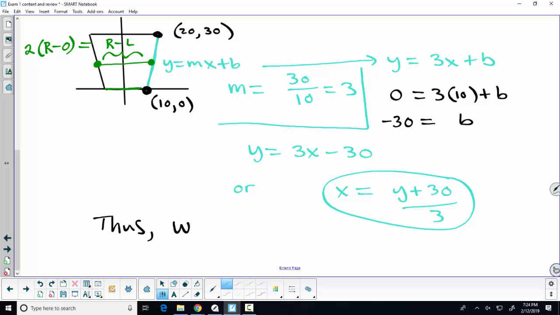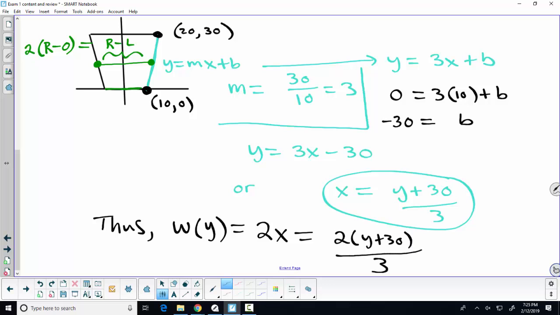Thus, the width function is 2x, which is that. Well, I guess that would make a lot of sense.